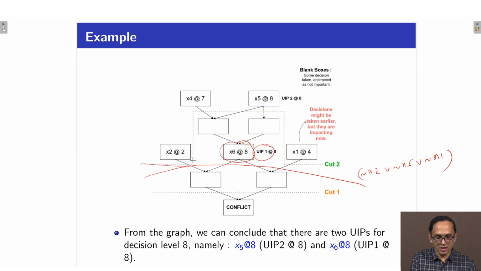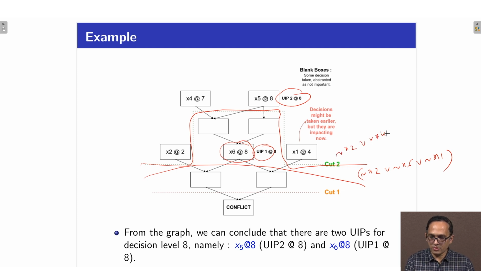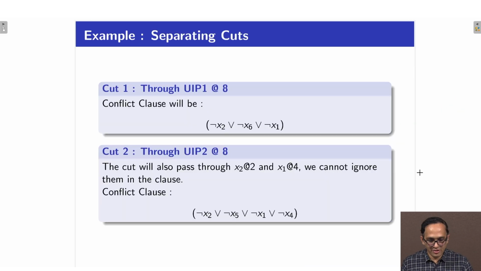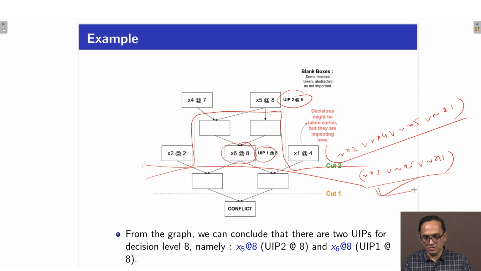If you take other cuts which take the UIP 2 of the current decision level, you get a bigger clause, which is not of x2 or not of x4 or not of x5 or not of x1. So, this has 4 literals, this has 3 literals. So, I am going to pick this one. Now, the question is how do you compute this clause? When I get the conflict, how do I compute this clause automatically or algorithmically, right?